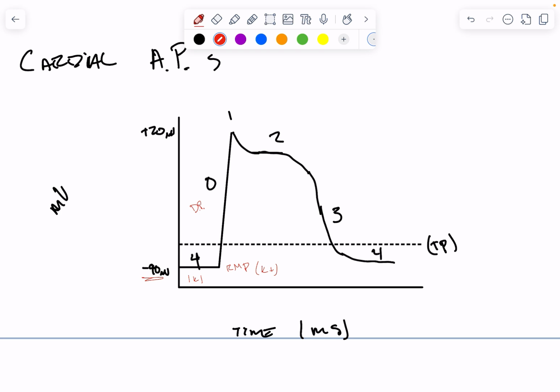What happens here is voltage-gated sodium channels open up, and when they open up, there's going to be a rapid depolarization through these voltage-gated sodium channels, which is going to drastically change the membrane potential of this cardiac cell.